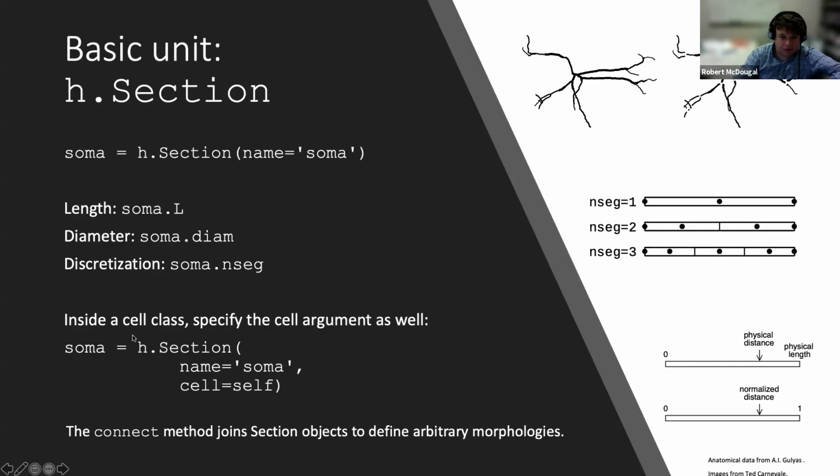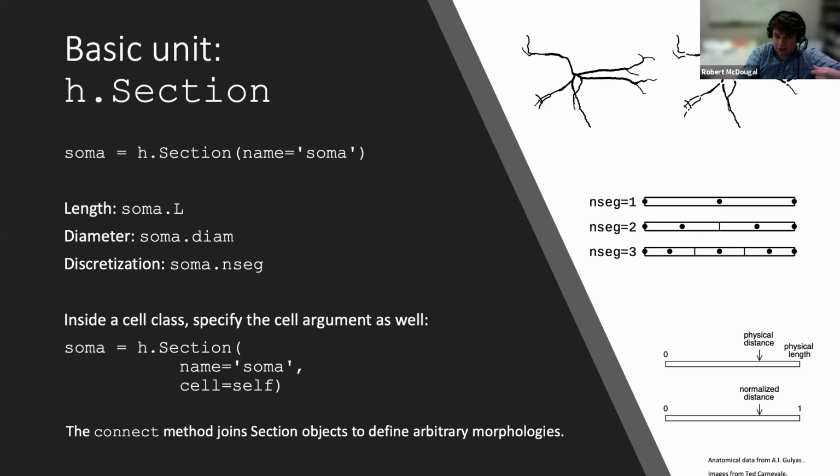So if there is a cell that's associated with this, I can identify it at the time of creation by just passing in cell equals. This is typically going to happen inside of an object, so cell equals self, or cell equals whatever object you want to associate with it. And you've seen sections; they mean exactly the same thing from the programming side as they do from the graphical interface.